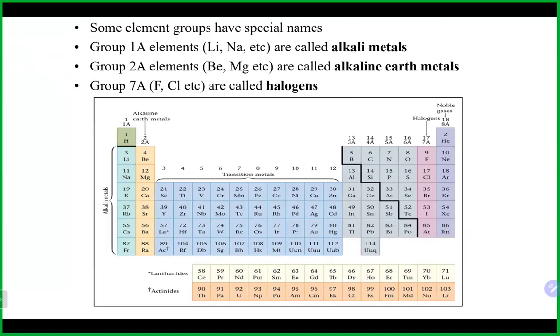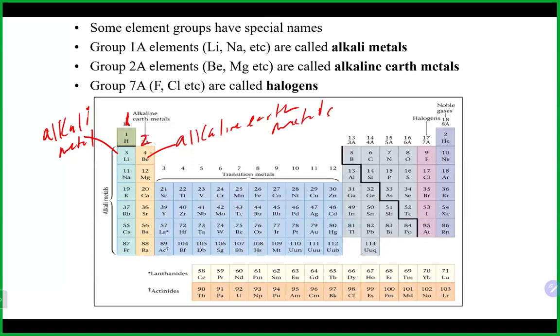Now, some groups do have special names that you need to know about, and starting with group one here, those are our alkali metals. And once again, as we've been talking about, starting with lithium, not hydrogen. Group two right next door, those are the alkaline earth metals. And alkaline pretty much means basic.